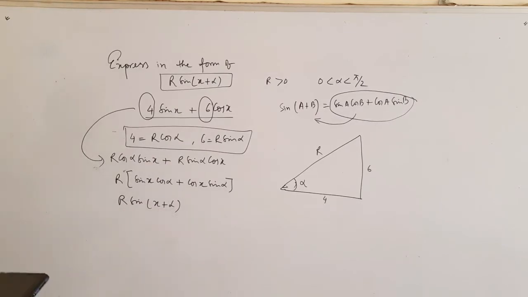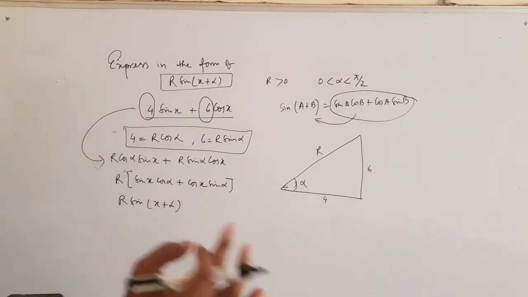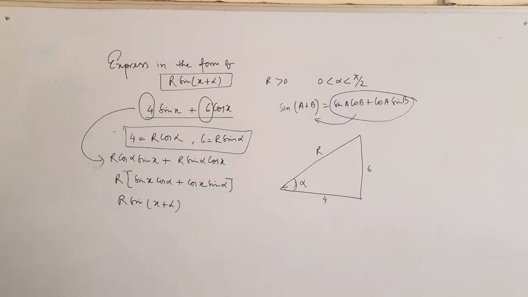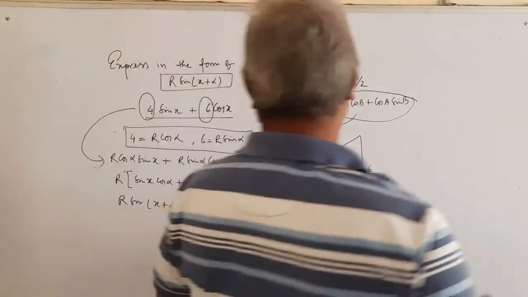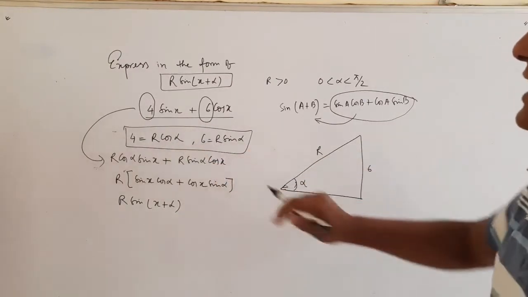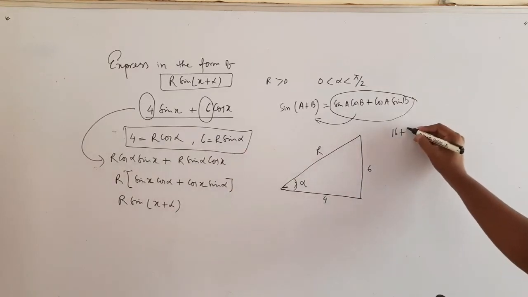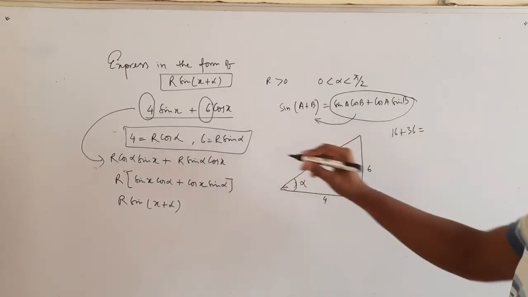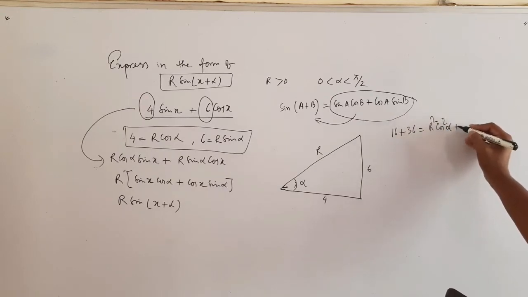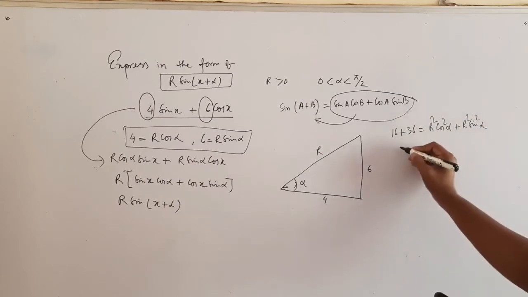Now what is r? Because you are given this question, you have assumed, and when you assume that, you have introduced two more variables, one is r and one is alpha. So how to find the relation between r and alpha? You just square and add them. So just square these two and add. So 4 square is 16 plus 6 square is 36, and this is r square cos square alpha plus r square sine square alpha.